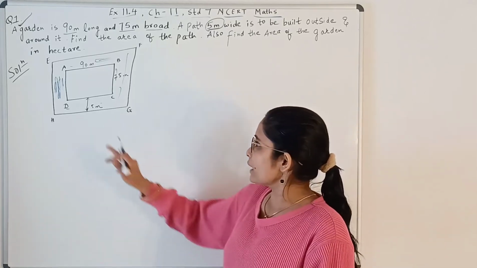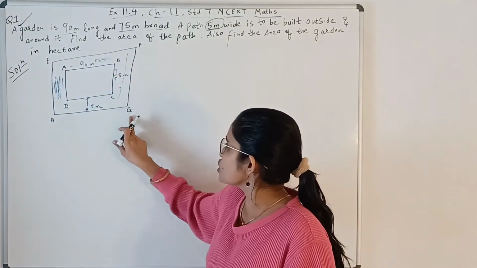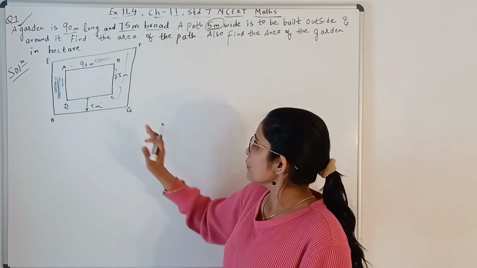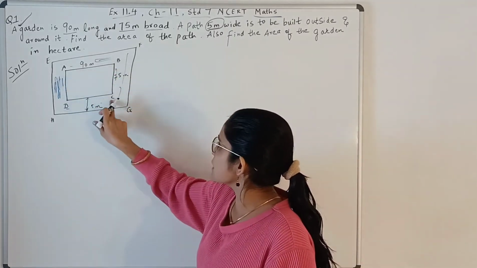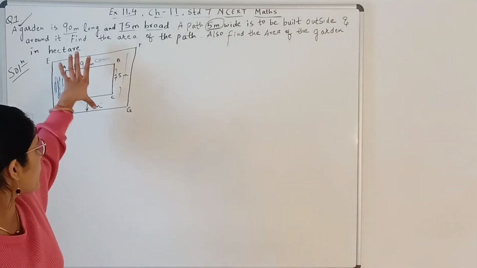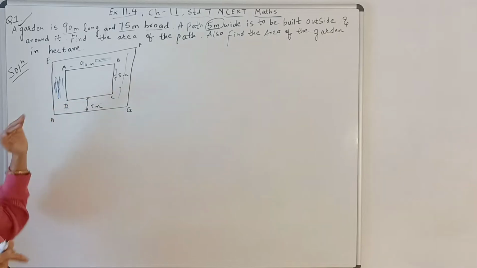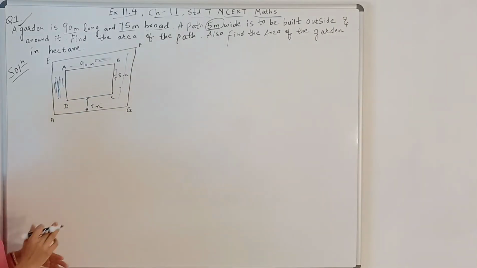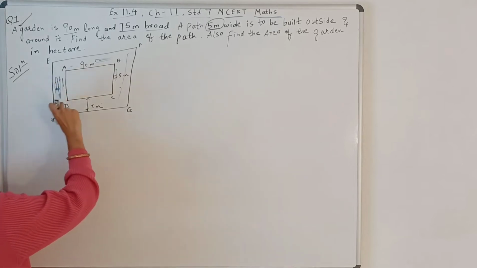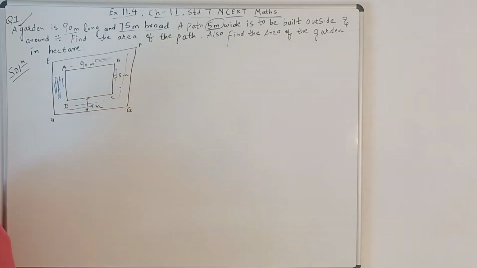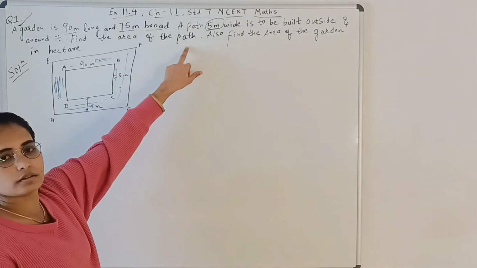If you get the area of EFGH, the outer rectangle, and the area of ABCD, the inner rectangle, and subtract both, the remaining part, that is this part, we will get. So we will get the area of the path easily.